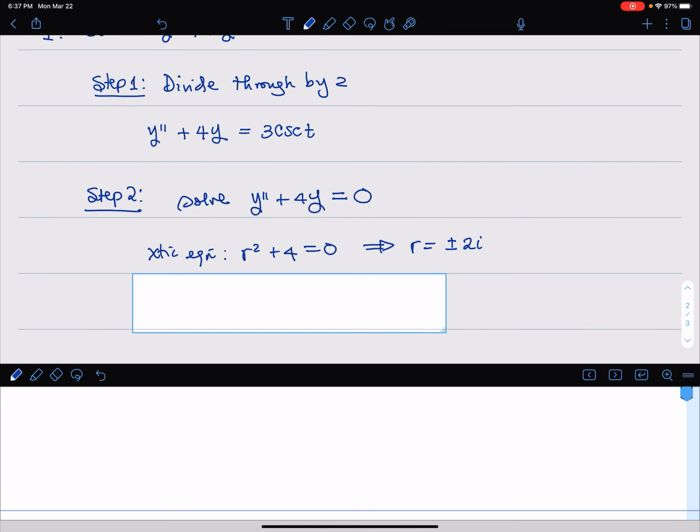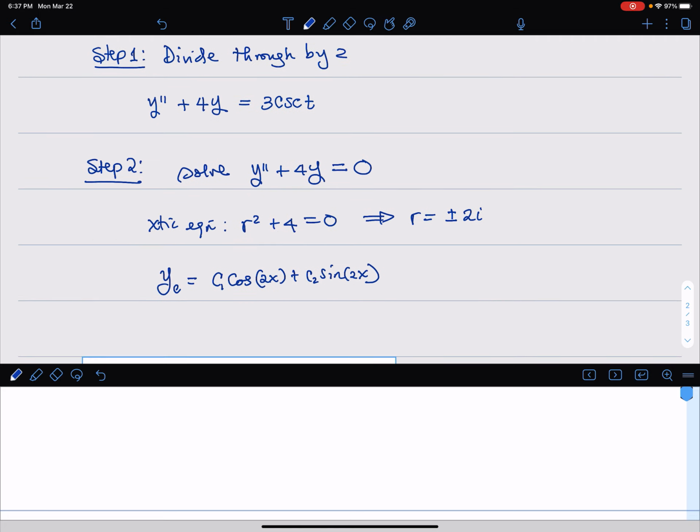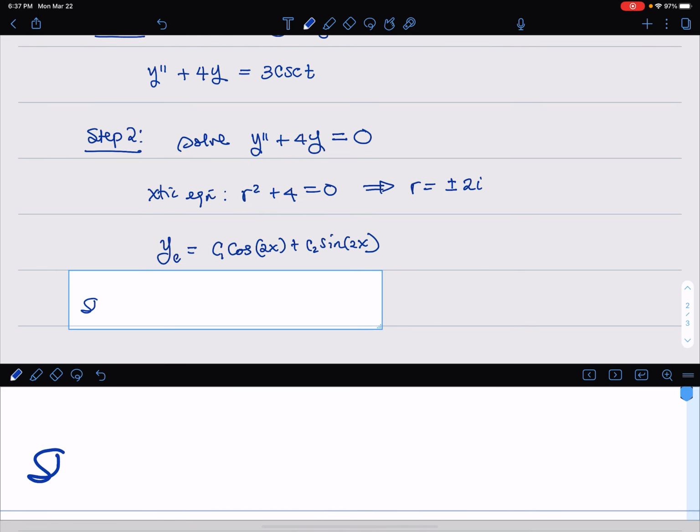And if that's the case, our yc is going to be c1 cosine of 2x plus c2 sine of 2x. All right, we're very familiar with how to solve homogeneous equations with constant coefficients. Okay, so the next step is to compute our Wronskians.